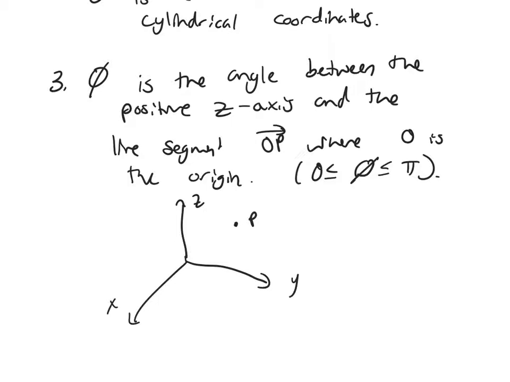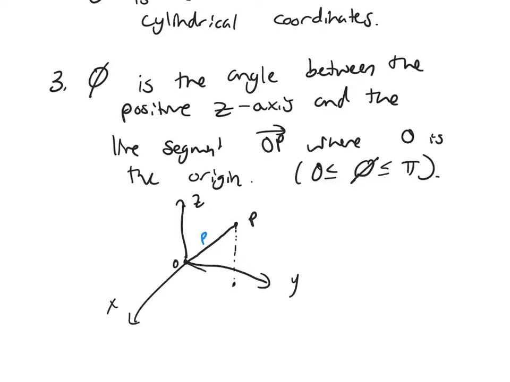So if I go from the origin O to my point P, the length of that side is our rho. Now remember, to get theta, we project this point down onto the XY plane.